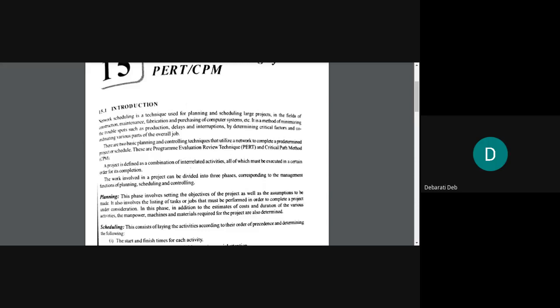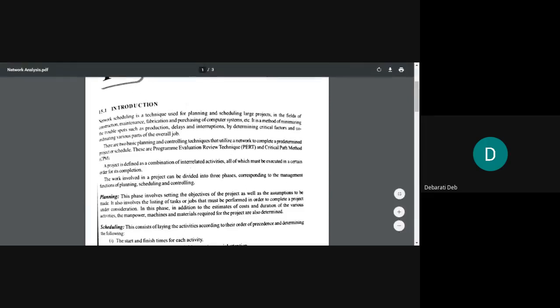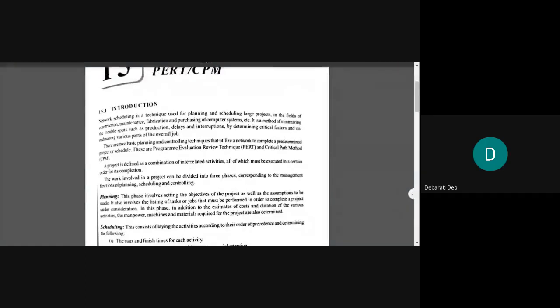Okay, so there are basically two important planning techniques, or network analysis techniques, that are widely used in operations research. Those two techniques are known as PERT and CPM. Now, what are these PERT and CPM?